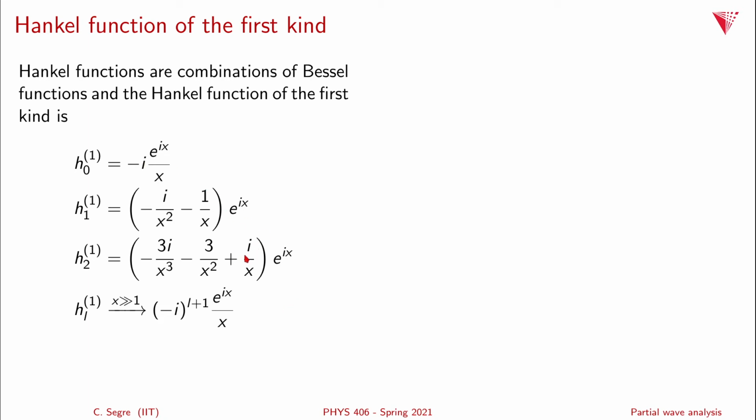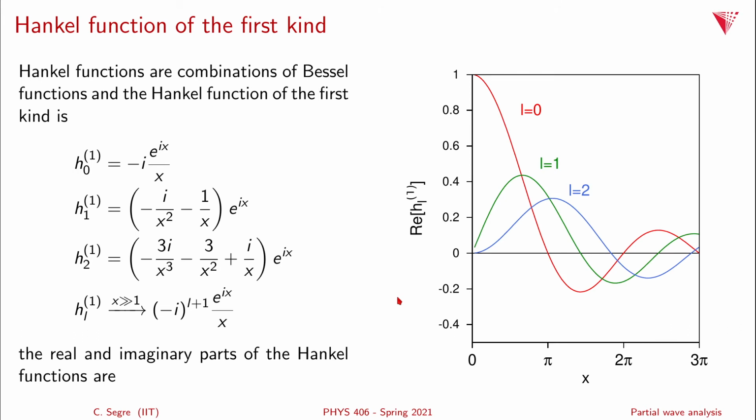And so all the series of Hankel functions can be written down in the asymptotic form with this one form here. Now, the real and imaginary parts of the Hankel function, if we look at the details of this, look like this, for L equals 0, L equals 1, L equals 2.